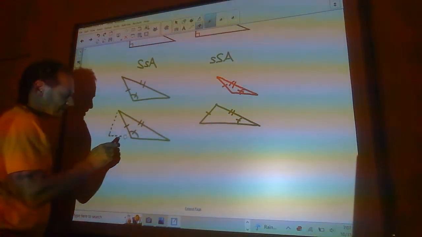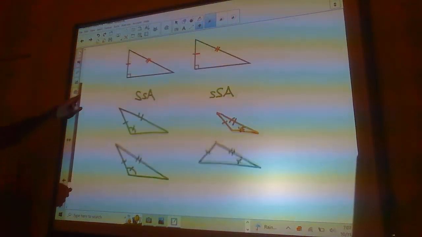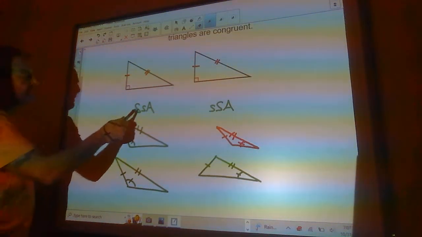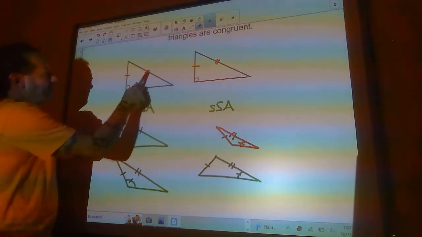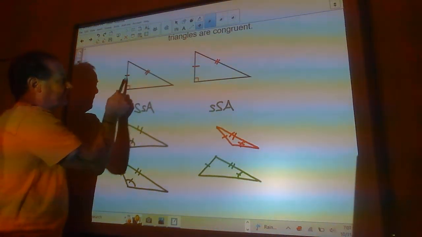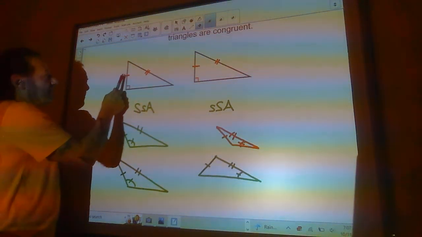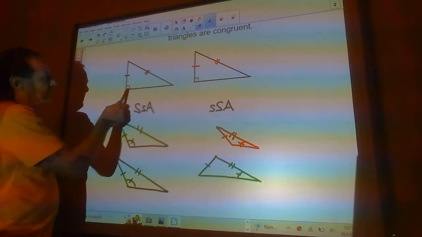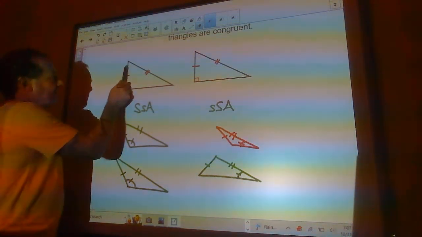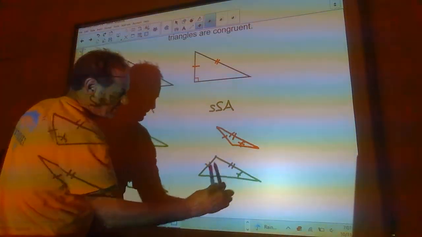The hypotenuse leg is an example of big side, little side, angle. Remember, the hypotenuse is always the biggest side of a right triangle. I can't flip this anywhere, because this is a 90-degree angle, so it doesn't flip like this one did from here to here.